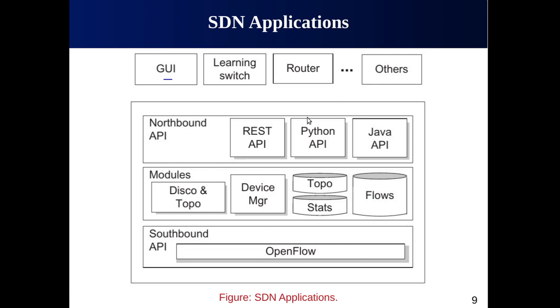Besides that, additional logic is necessary to react to newly seen MAC addresses, and also to update the forwarding table in the devices. Actually, this additional logic is embodied in the learning switch. The graphical user interface is used to configure the controller. A learning switch is used to react to the newly seen MAC addresses, and also to update the forwarding table in the SDN devices. And this logic has been implemented in this learning switch application.